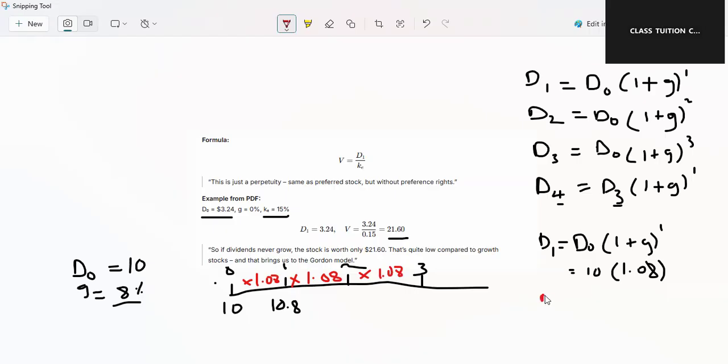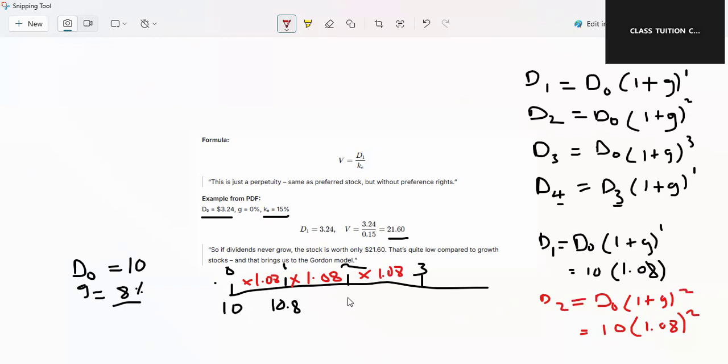So the normal way to get D2 is D0 (1 plus growth) to the power 2. Ordinarily, we're going to say 10 times 1.08 to the power 2. What do we get? Others just multiply this 10.8 times 1.08.